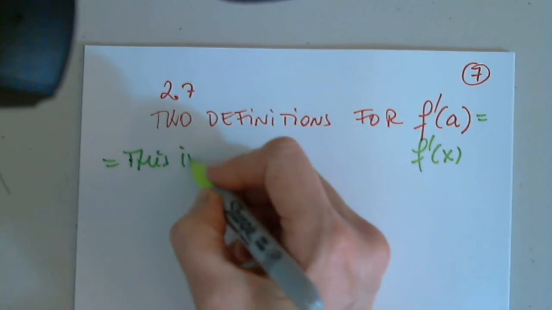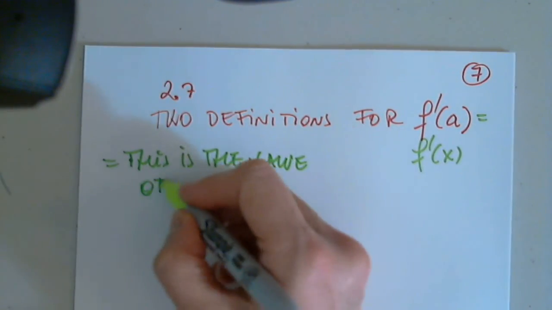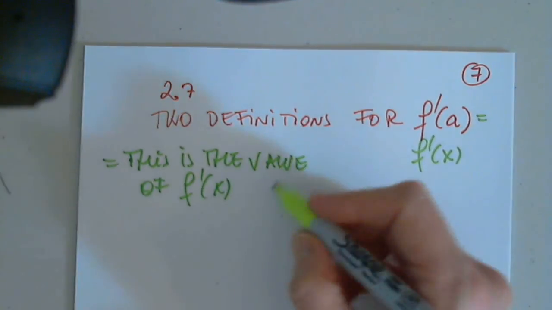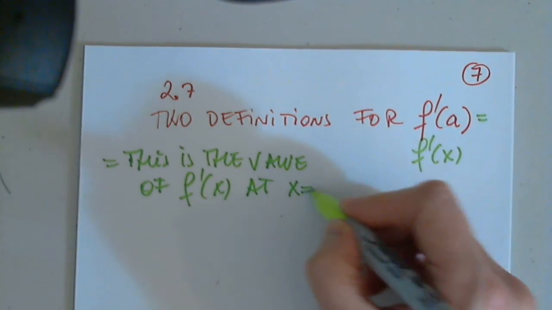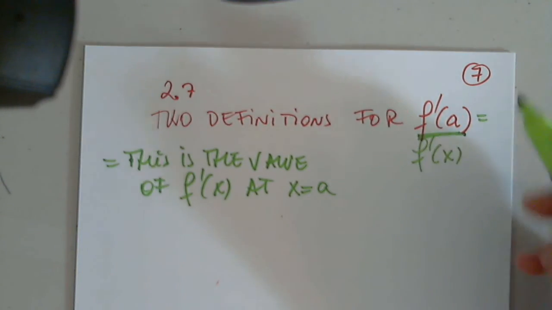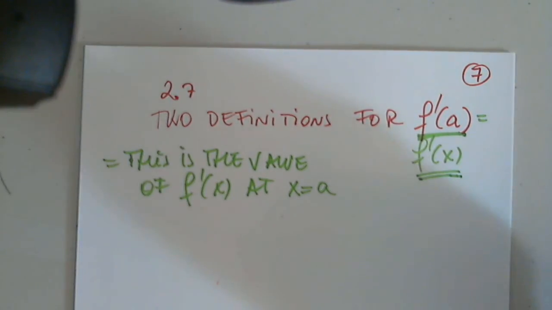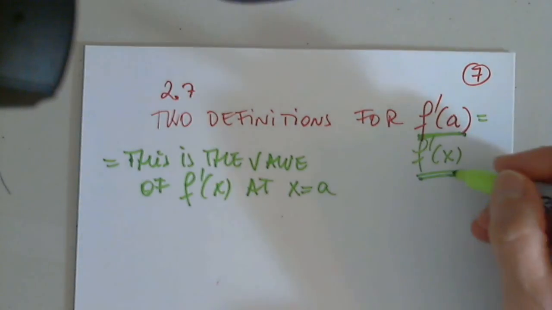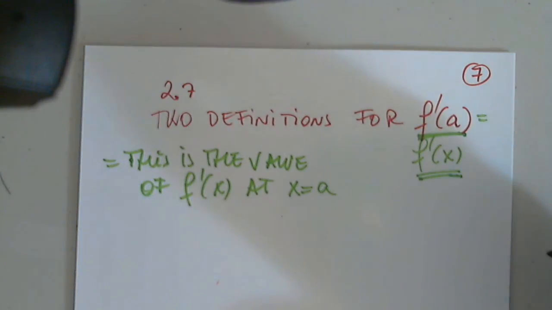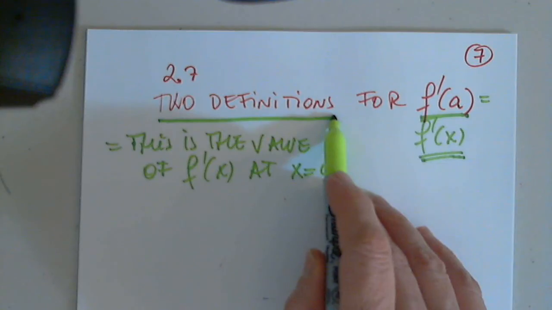This is the value of f prime of x at x equals a. So this is a specific value of the function, right? This is the function in general. This is the value of this function when x equals a. Okay, there we have two definitions for this.